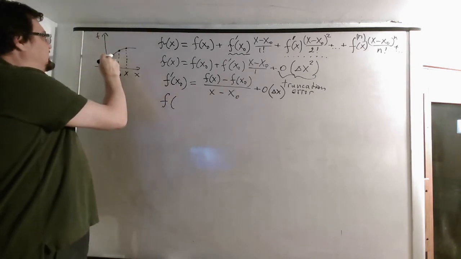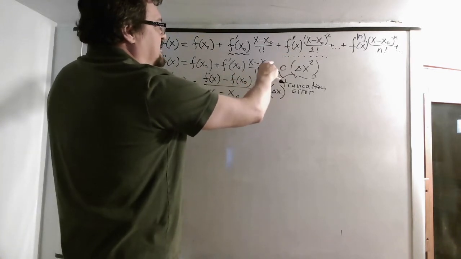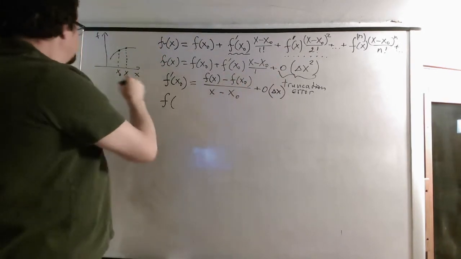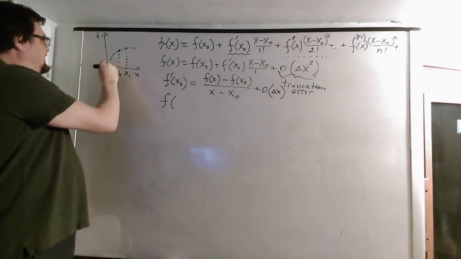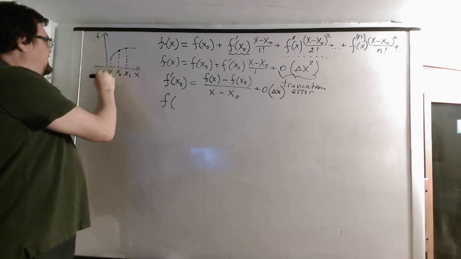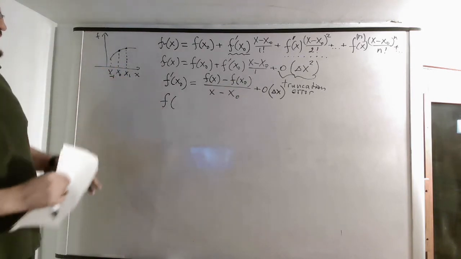So we now need another grid point, obviously. We need to make some other point. Let's say this one is x1 and this point is x minus 1. So it's 0, x1, x minus 1.